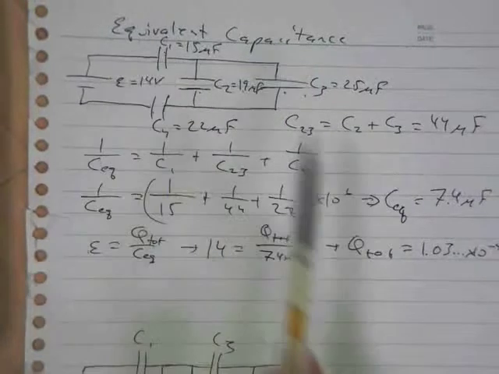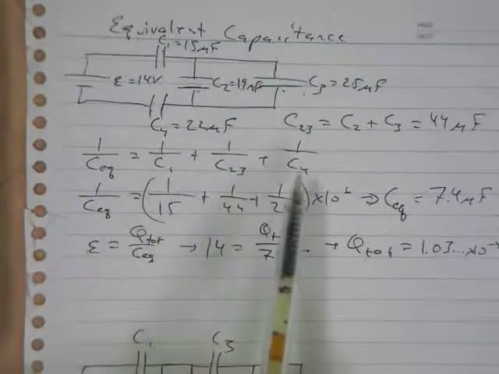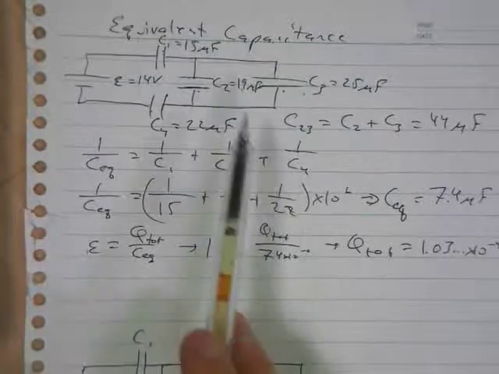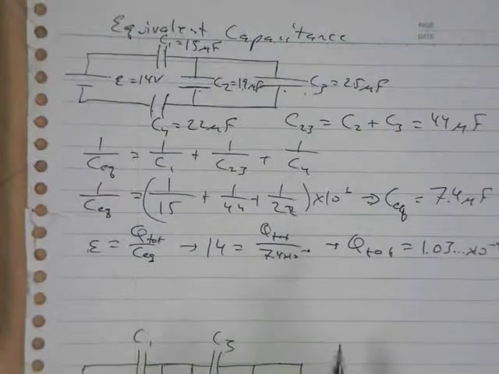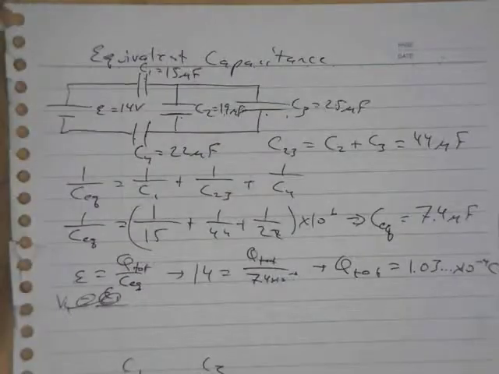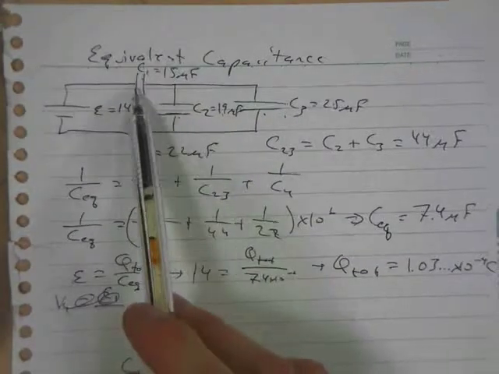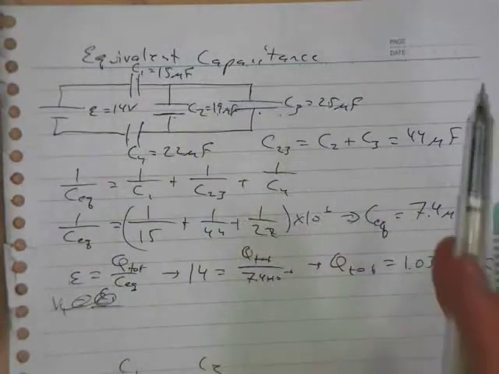And we could break this down and figure out what is on each capacitor as well. So since C1, C2 and 3, and C4 are in series, it means that C1 and C4 have the same charge on them, and C2 and C3 together have the same charge on them. So since C1, this pair, and the last one are all in series, they have the same charge on them.